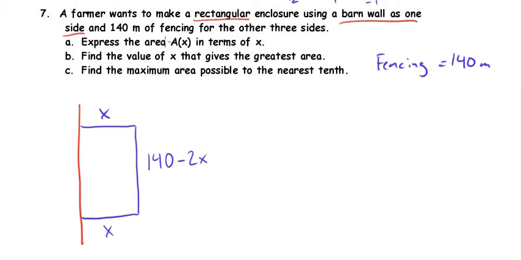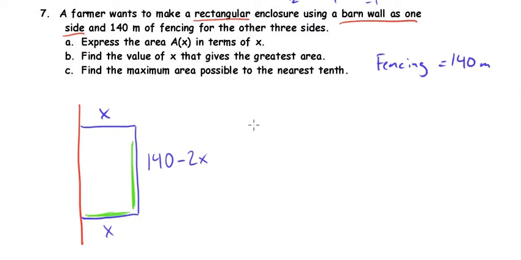Now, A says to express the area, A of X, in terms of X. And so how do you find area? Well, to find area of something, you multiply the width times the height, base times length, however you want to call that. These two numbers get multiplied together.